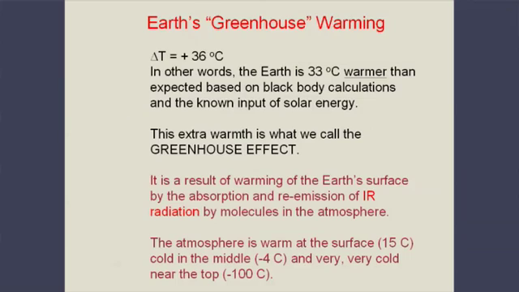Air molecules are objects. So every molecule radiates and reabsorbs infrared radiation. The molecules in the air also absorb and scatter solar radiation. So that tells you, but it doesn't explain very much. So next slide.